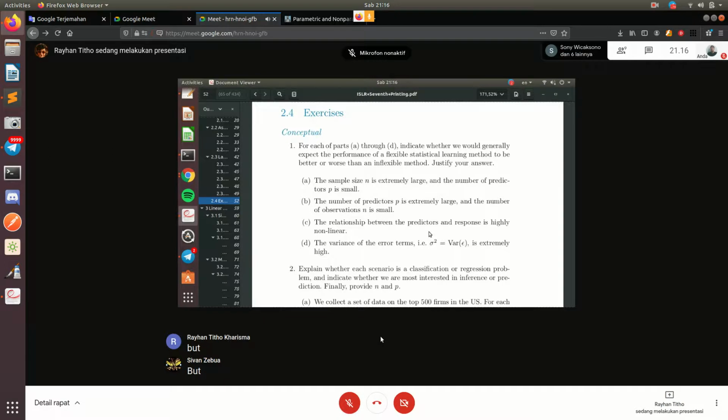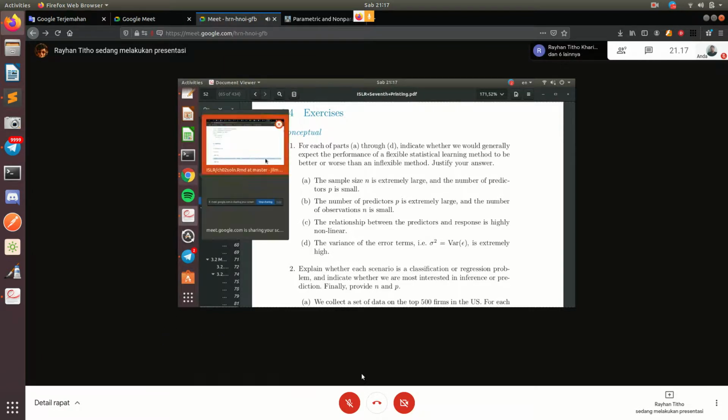But if we cannot reduce the features, I think I'll use the more flexible method.